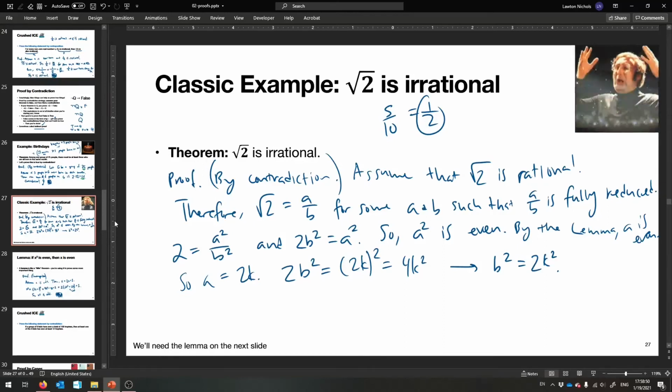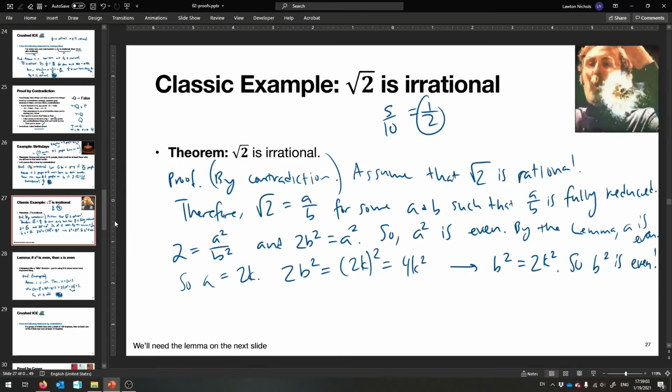And now I can play this whole game over again. b squared is now 2 times some integer, so b squared is even. And that means b is even, by the lemma.